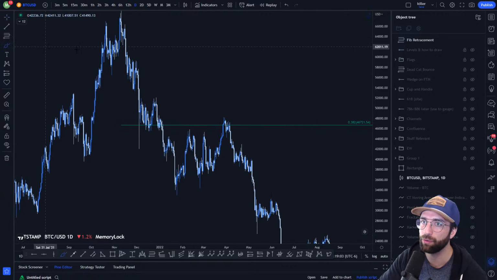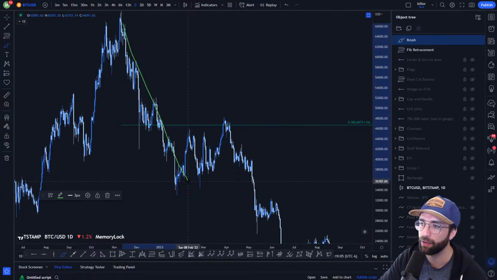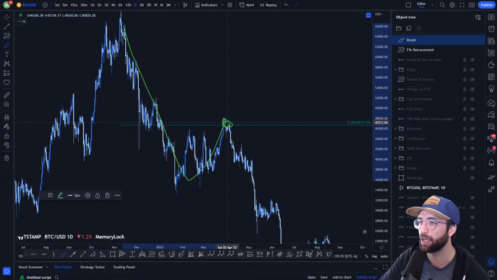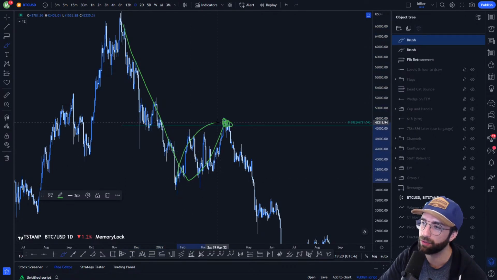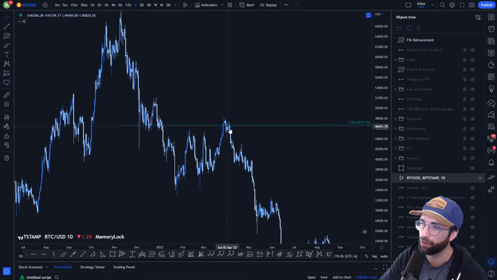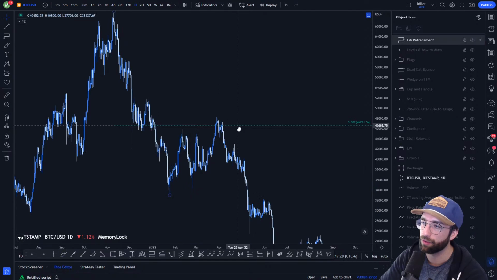So if price breaks down and it fails to break above the 382, well, the 382 is typically the zone that you would look at for a dead cat bounce, which for those of you who might not know is basically saying, well, this isn't a real pump, this is just a sort of a retracement before continuing downwards, right? Or putting in some degree of a range. It's a zone for dead cat bounces.